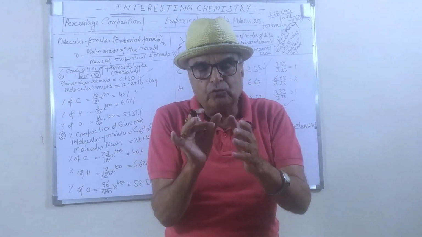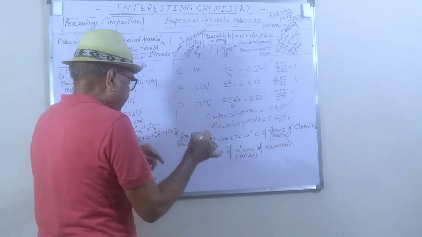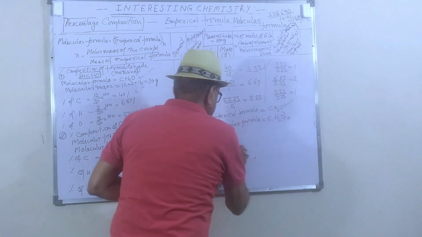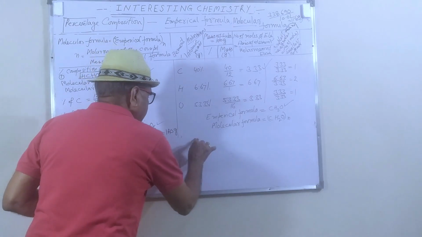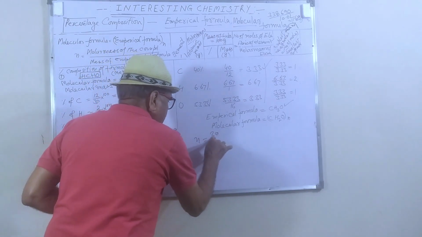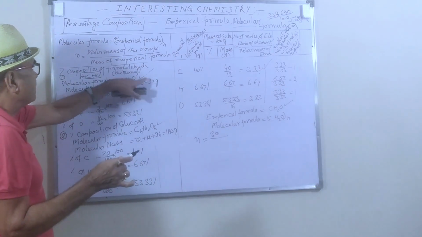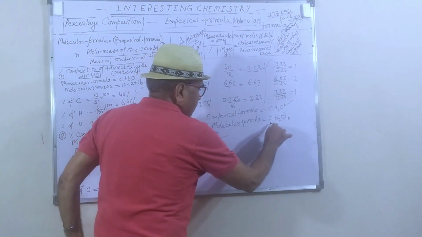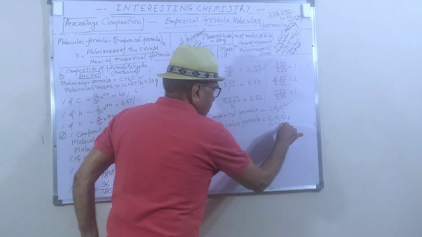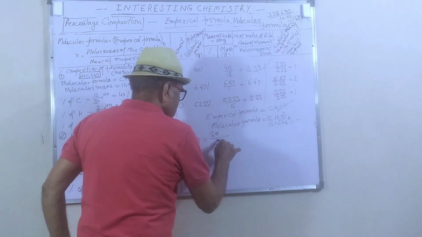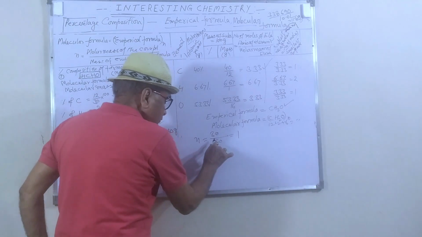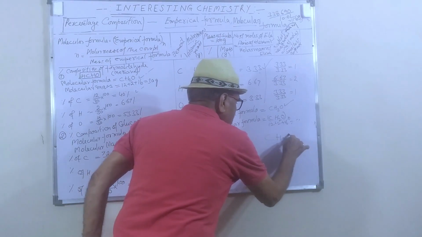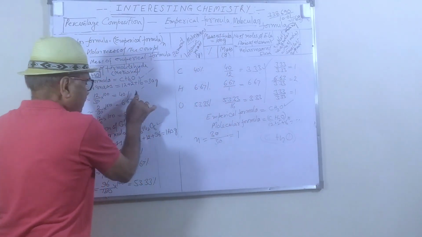If the molecular mass of the compound is equal to 30, for CH2O, the mass of the empirical formula is 12 plus 2 plus 16, so it is 30. So again 30 upon 30, it is 1. So the molecular formula will be CH2O. This is the molecular formula for the first compound.